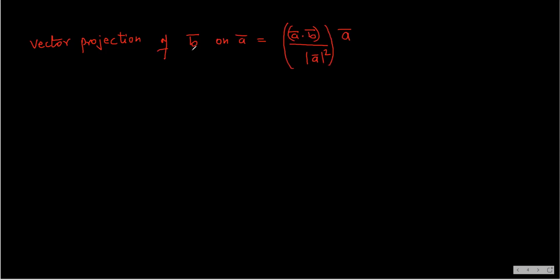This is the vector projection of B bar on A bar.